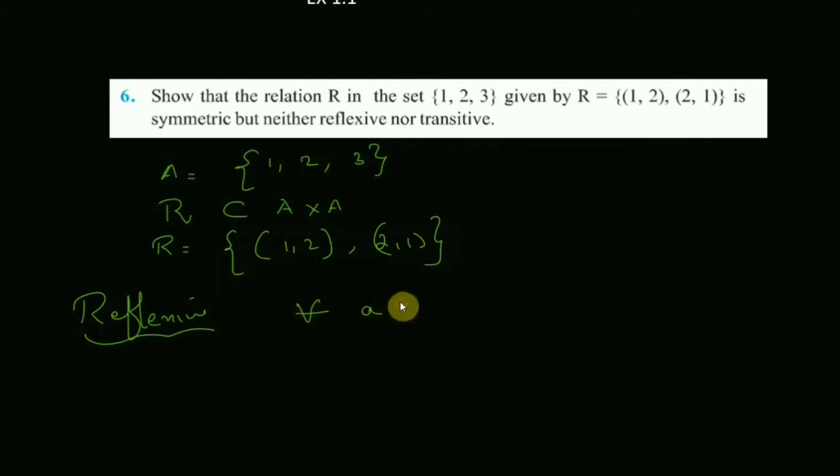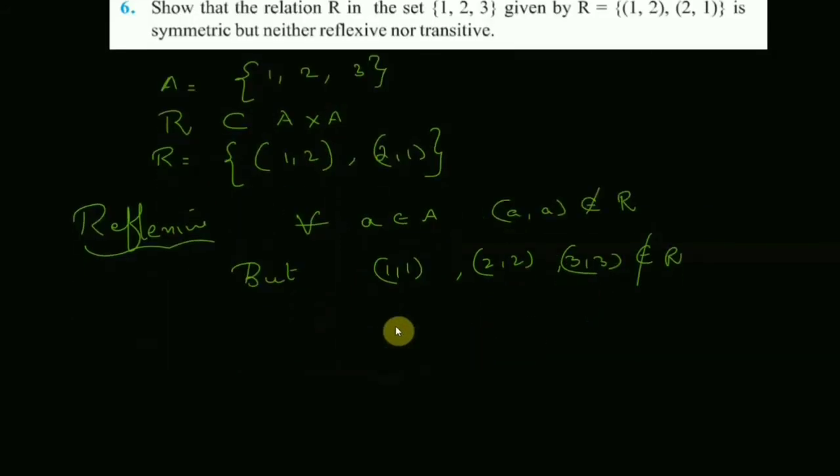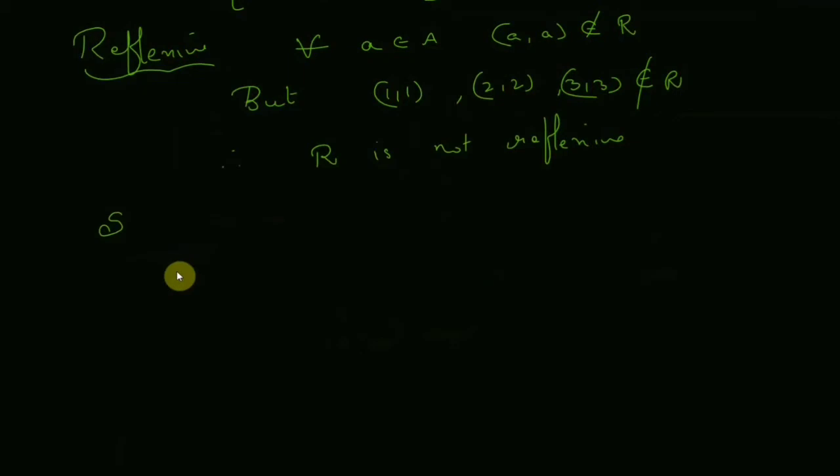For all a belongs to A, (a, a) should be there in R. But (1, 1) is not there. (2, 2), no. (3, 3), no. They are not in R. So for all a belongs to A, (a, a) is not in R. Therefore, R is not reflexive.